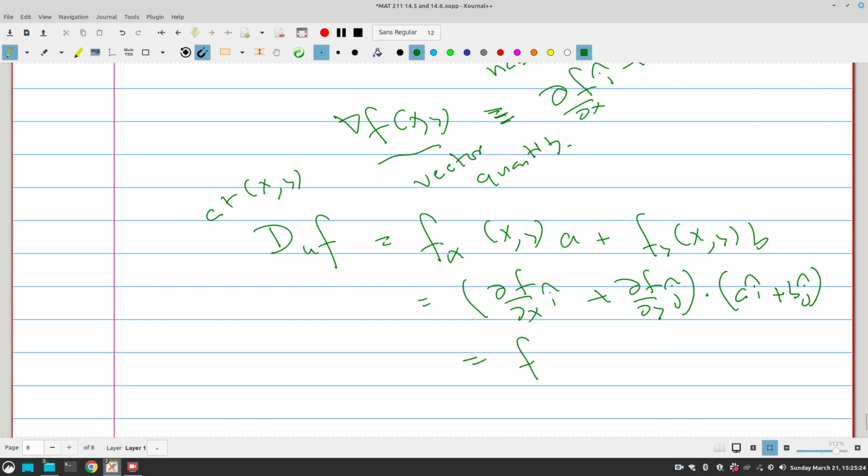Of course, this vector is del f, and this vector is u. So this can be written as del f dot u, that is, grad f dot u. Okay, cool.